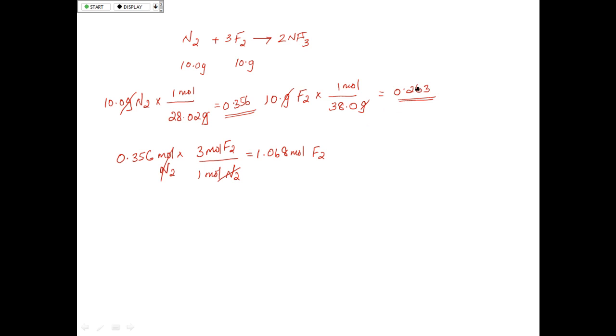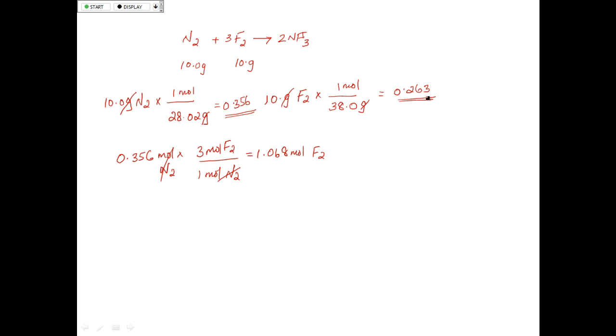That means this is the smaller amount present, so this will be your limiting reactant. In case this number was smaller than this number, then you would be thinking, okay, I am given more than what I need. Therefore, that is the excess reactant.